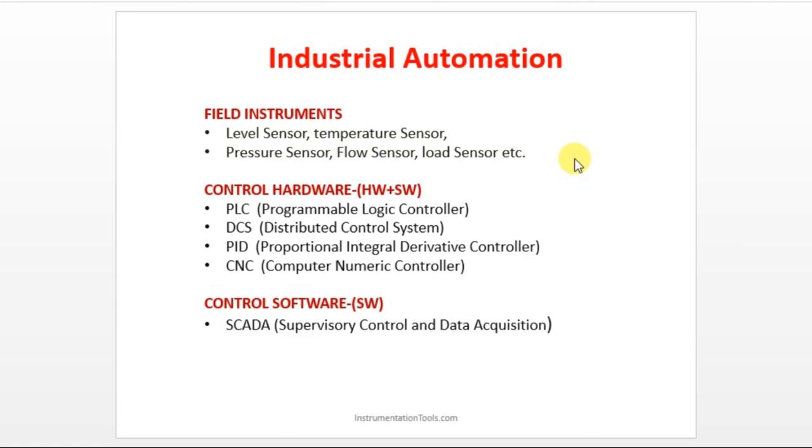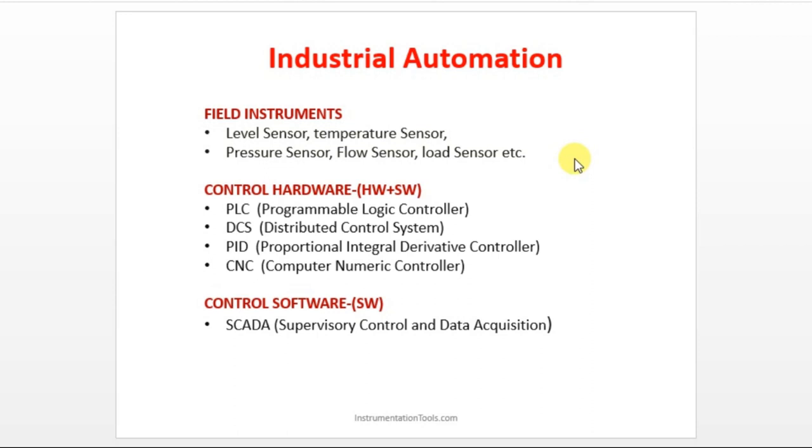For that I need an instrument which is used to measure the process variable. Here the temperature is the process variable. So I'll be using some temperature sensor, transmitter or transducer to measure the temperature. That is the field instrument, the instruments which are used for measurements.